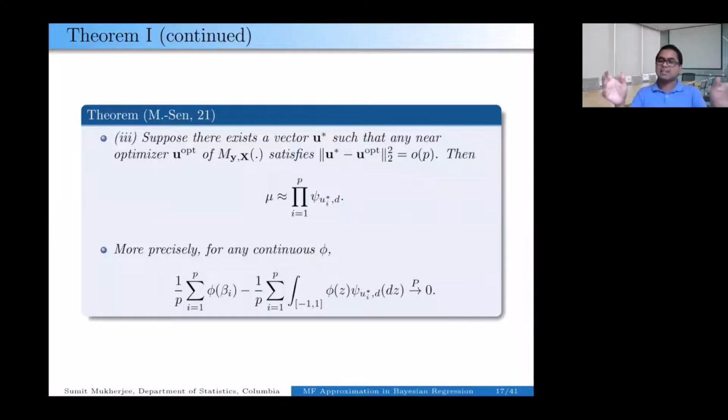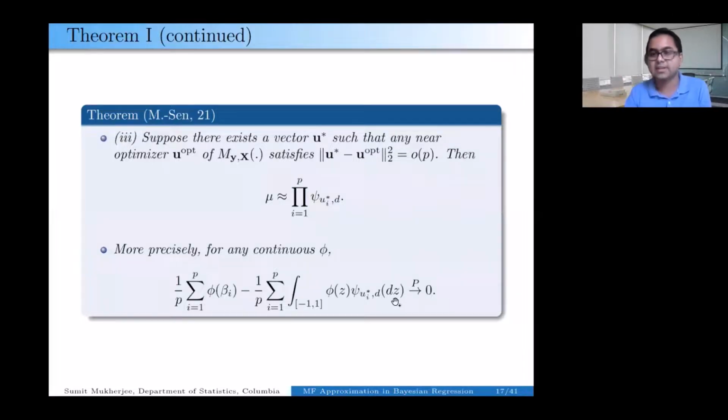Mu is well approximated by a product measure, which is a weird statement, in the following sense. If you take any nice function phi, if you take the linear average of phi, and then take this quantity, this is basically the expectation of phi under this product measure. I just compute the expectation of phi under this product measure. Then this difference goes to 0, again under the posterior.